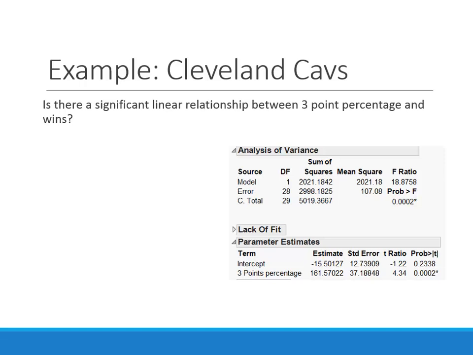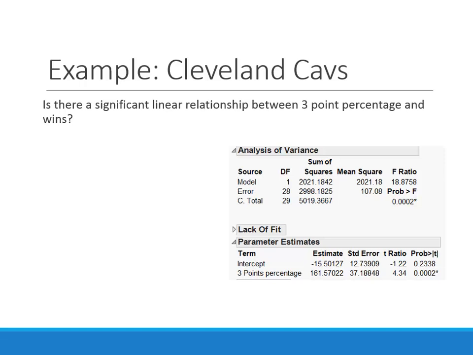There's two possible ways to answer this question. Who can tell me one of those ways? So what's the first way that I can say if there's a significant linear relationship between these two variables?